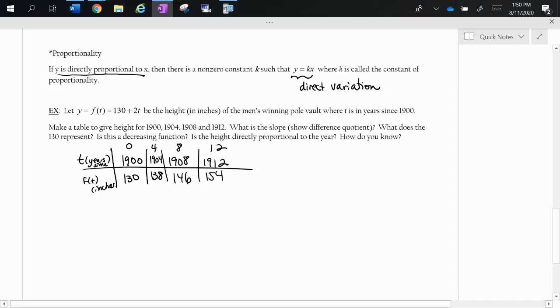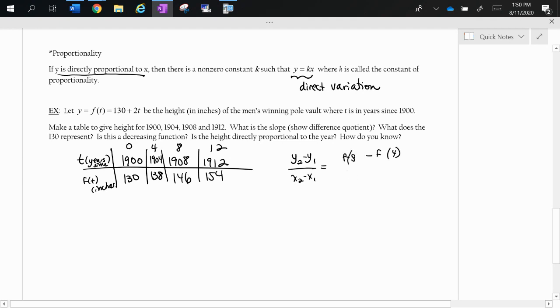We made a table. Then the next question is, what is the slope? Show the difference quotient. Okay, so remember, difference quotient is y2 minus y1 over x2 minus x1. And in this case, we're going to write f of 8 minus f of 0. Let's do f of 4. F of 8 minus f of 4. Doesn't matter in this case. We've got a linear situation, so it doesn't matter which 2 points we pick, right?